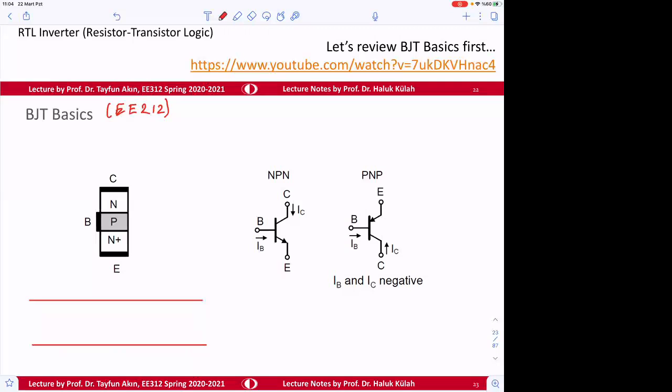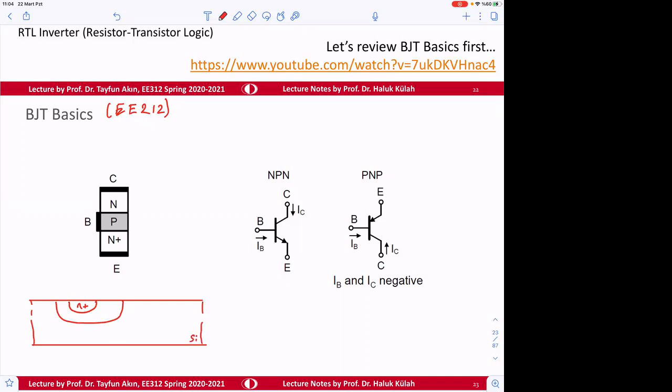Okay, we make a diffuse region, and then another diffuse region, and then this is N plus, and doping wise, this is going to be the cross-sectional view of the silicon wafer.